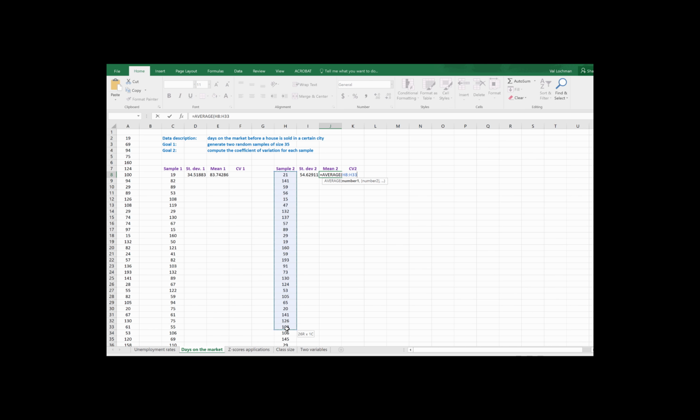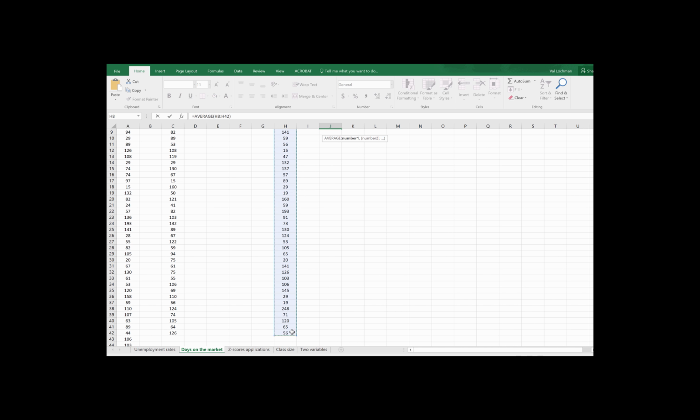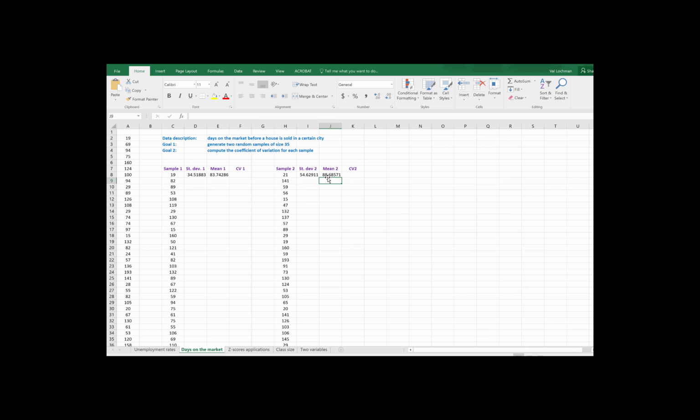The mean of this sample is, let's see what we get here, 88. So whenever we have means that are different, standard deviation is not the best way to compare our samples for consistency. In this case, we would like to look at the coefficient of variation, and the one that's lower will have a more consistent set of data.